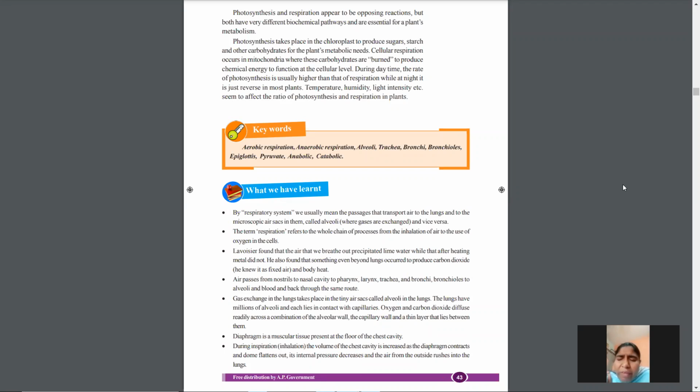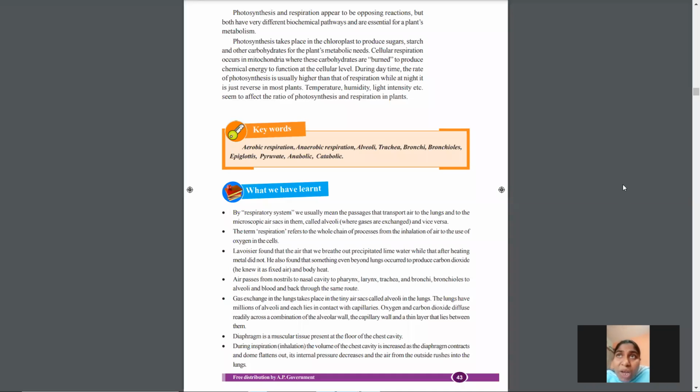Why is the rate of photosynthesis higher in the plants during the daytime when compared to respiration? In the morning, in the daylight, there is more availability of sunlight and higher carbon dioxide levels.